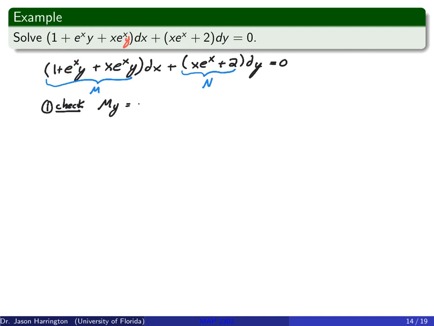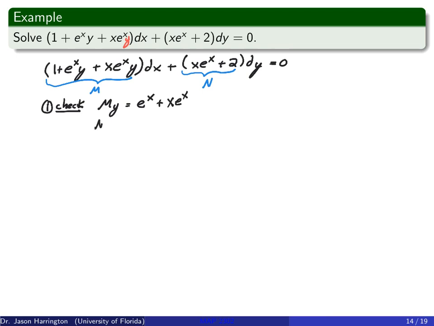So I have e to the x plus, and then I have the same thing that happens on the other term. And so what we see is that the derivative of x e to the x times y is just x times e to the x, because the only thing that we have that has a y in it is just a y. So a constant times y is just whatever that constant was. So that's what we have when we take the derivative with respect to y.